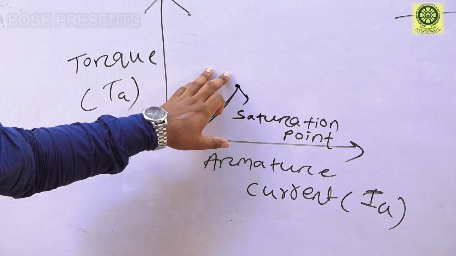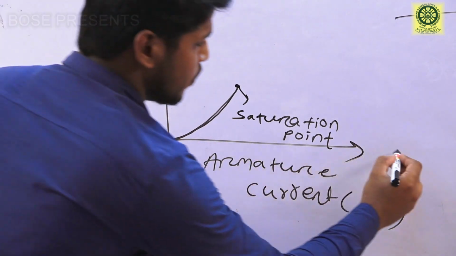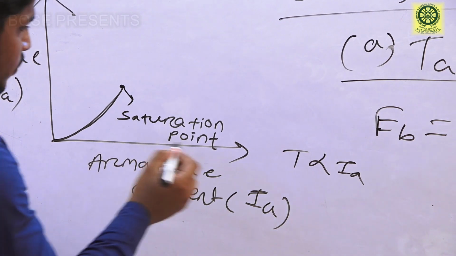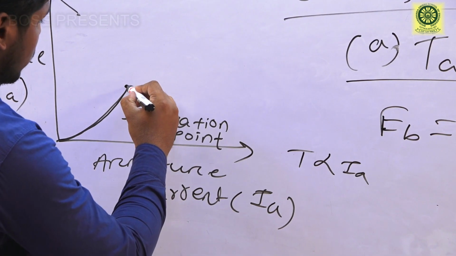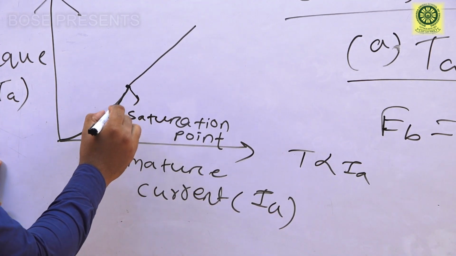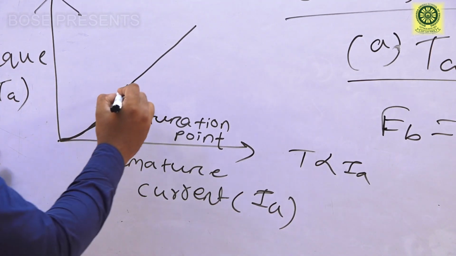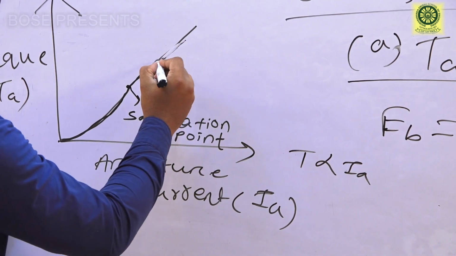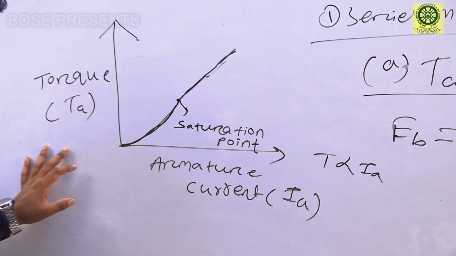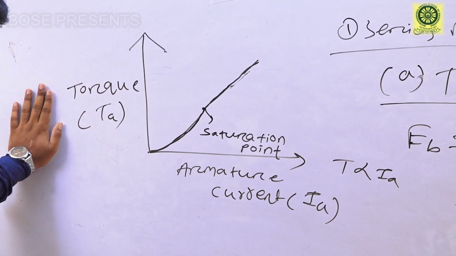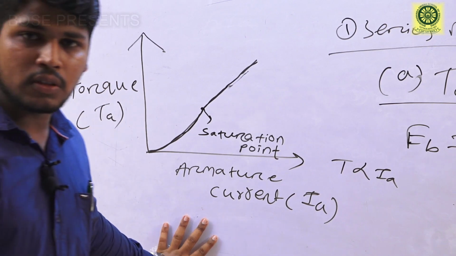After the saturation point, T is proportional to Ia, as phi is independent of Ia, so the curve is a straight line. Up to the saturation point it is a parabola, and after it the curve is a straight line. So this is the characteristic between the armature torque and the armature current.